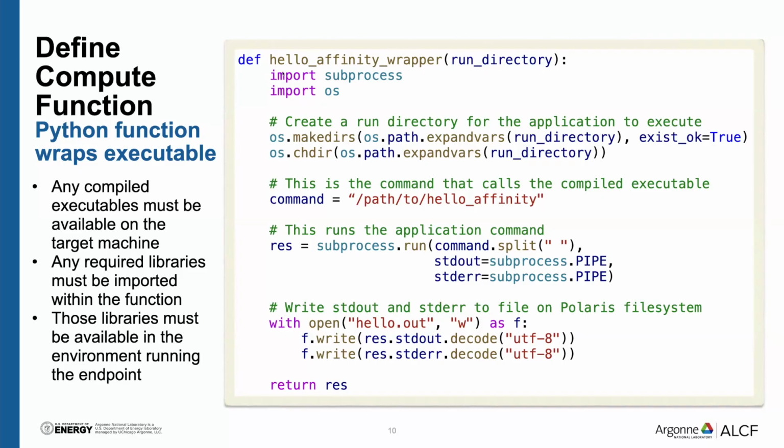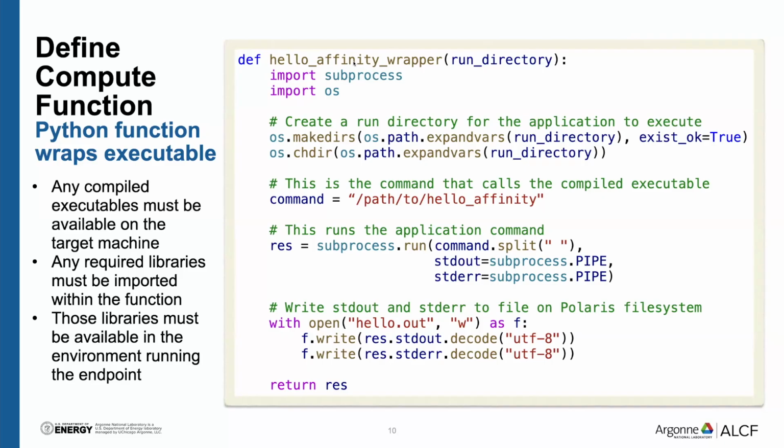So it needs to have all the information it needs to run the work contained within it. So you cannot, for example, put this import subprocess or import OS in the lines above where you've started the definition of the function. Okay.